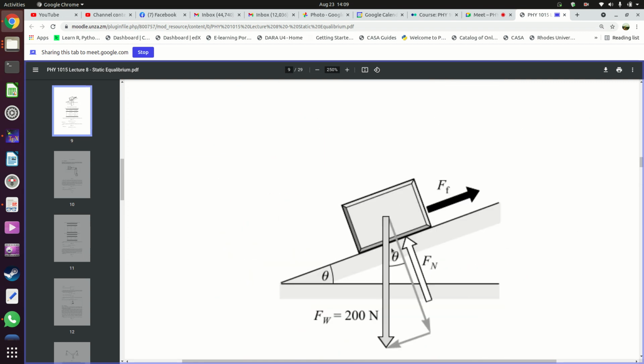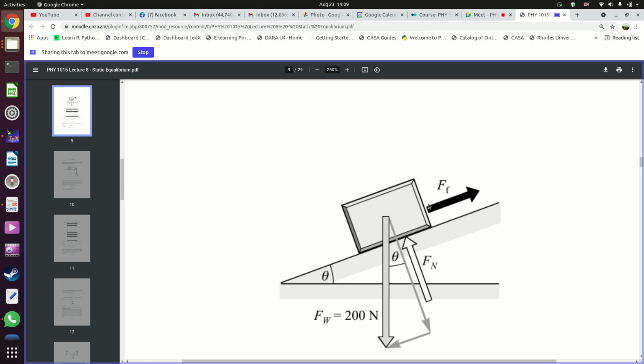Here, this. So the weight is down this way, 200. The weight is down that way, 200. Okay. Then this is the normal force. The normal force is going to push against the box at 90 degrees in that direction like that.